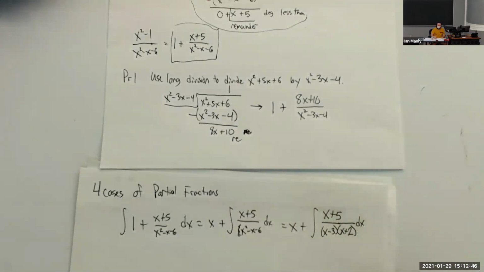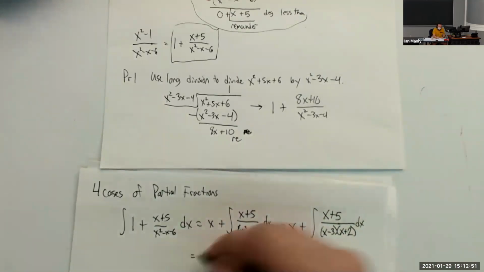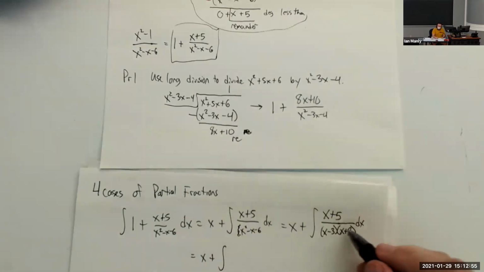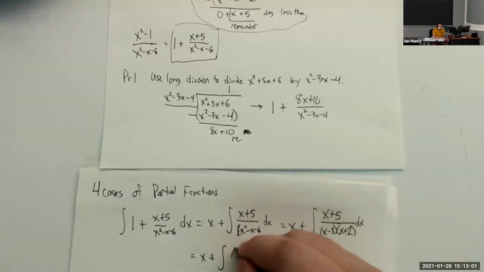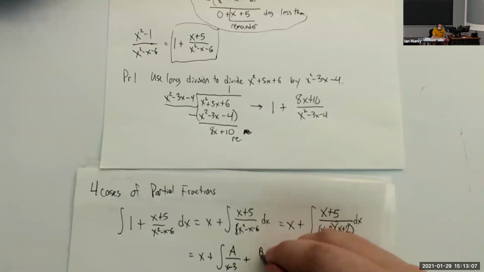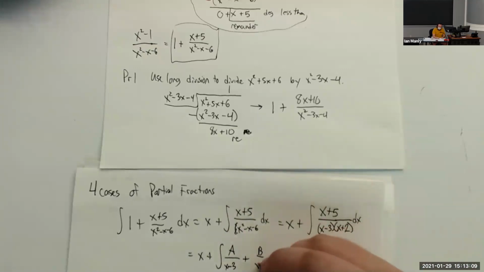Now, this is the main theme, the whole idea of partial fractions. We're going to attempt to split this up into one x minus 3 piece and one x plus 2 piece. So we're going to have something over x minus 3, and then something maybe different over x plus 2.